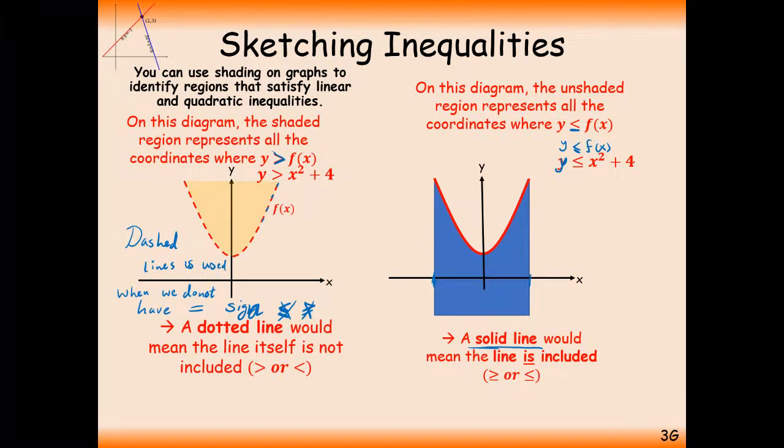Here we shaded above the graph because y was bigger than x squared plus 4. Here f of x is this dash-dotted line, x squared plus 4, and we shaded above it because y was bigger than. When y is bigger than, you shade above it. When y is less than, you shade below it.